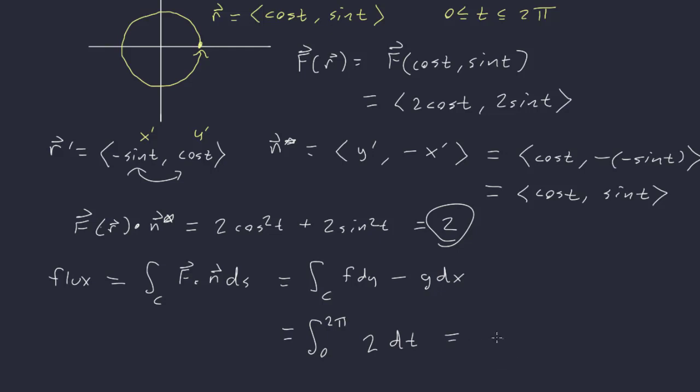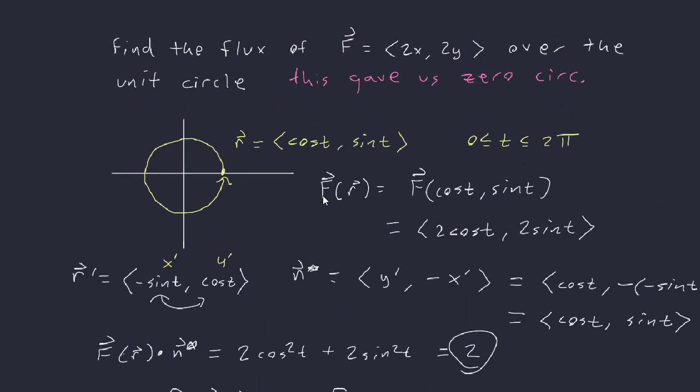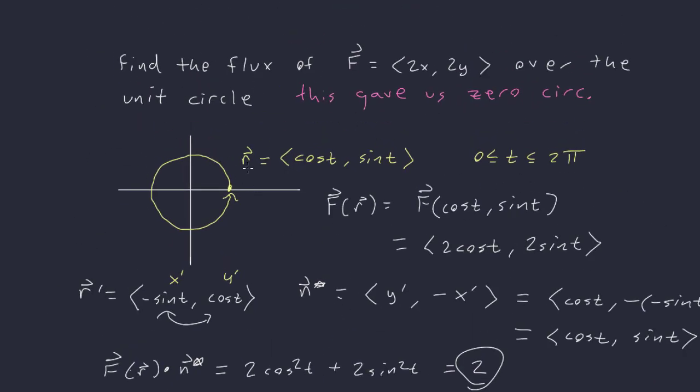So it's 2 times 2 pi, which will be 4 pi. There we go. We got a positive flux, which we should because this vector field is the explosion field, so at each point, the vectors of F are perpendicular to the path of travel.